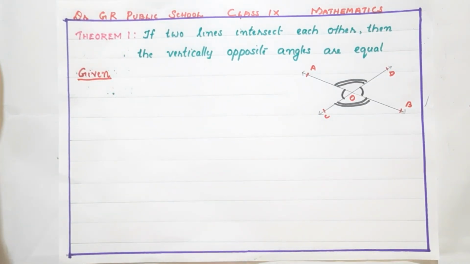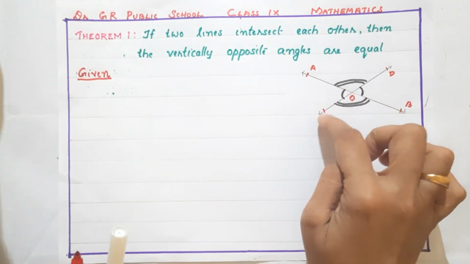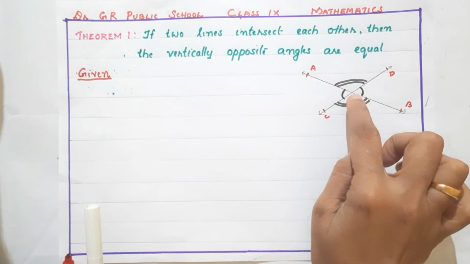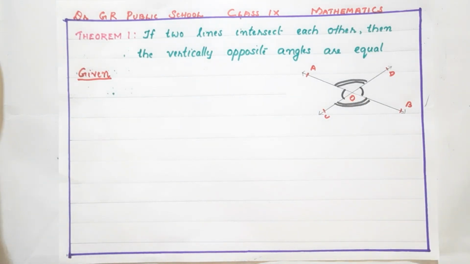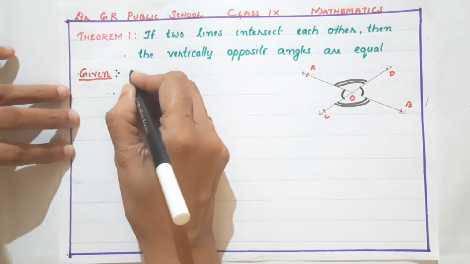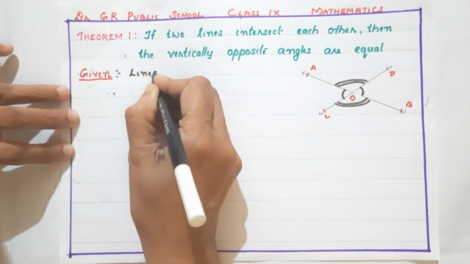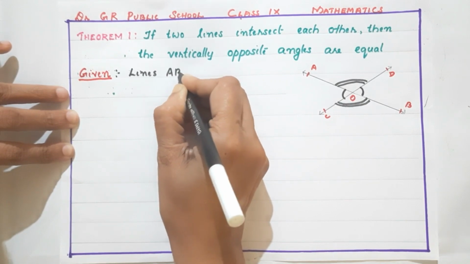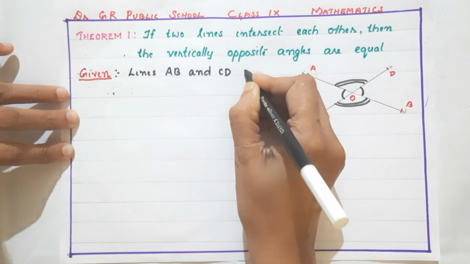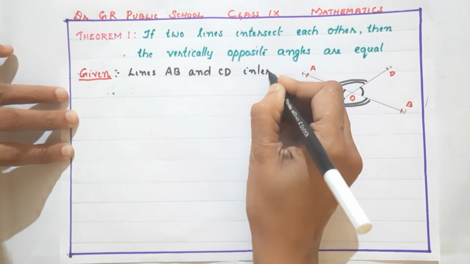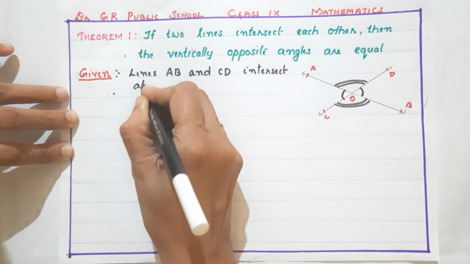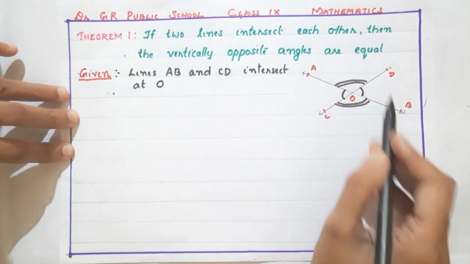Here we can see AB and CD are two lines which intersect at O. That is the given thing. So we can write: lines AB and CD intersect at O.